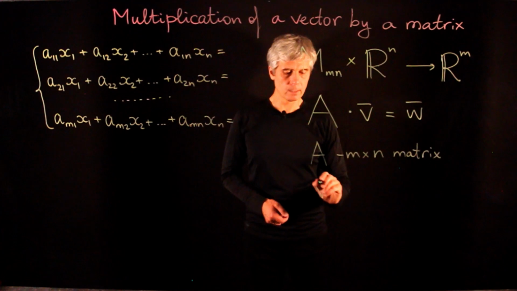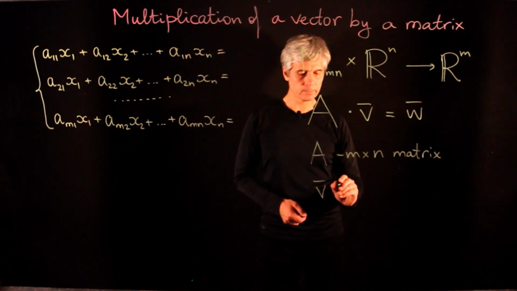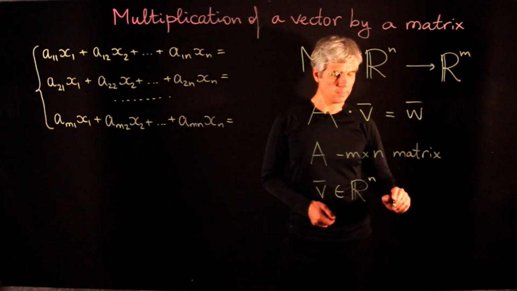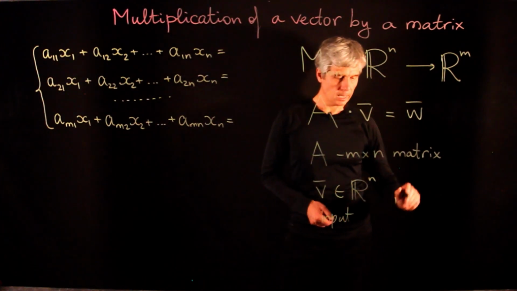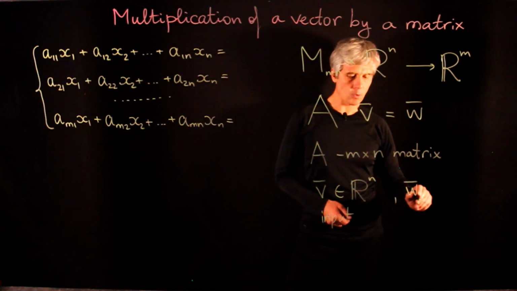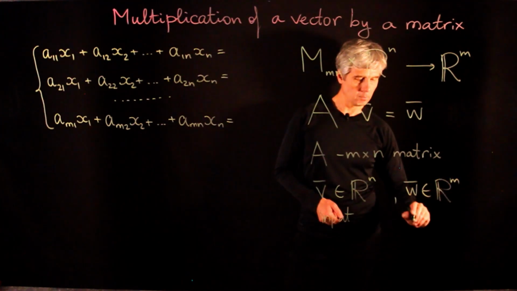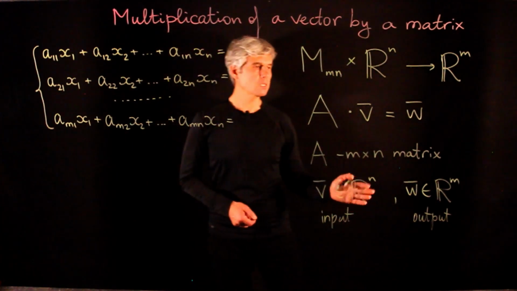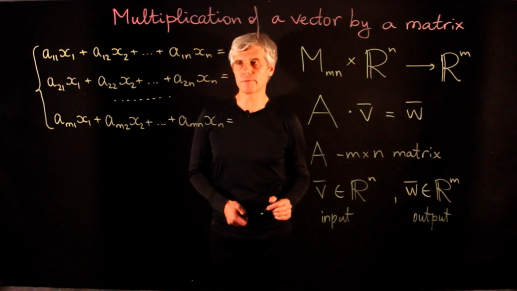V is a vector with n components. And so this is input. And W is our output, a vector with m components. Of course, instead of doing this over real numbers, we can also do it over an arbitrary field.